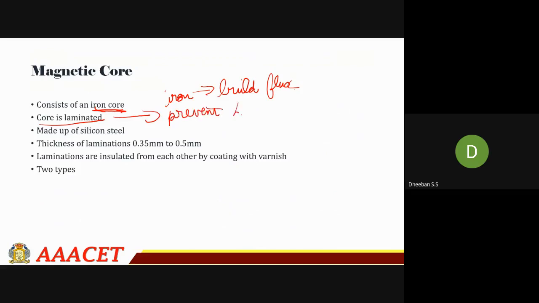Eddy current loss will be prevented due to lamination. This is made up of silicon steel. The thickness of the lamination is around 0.35 millimeter to 0.5 millimeter. The laminations will be coated with varnish.